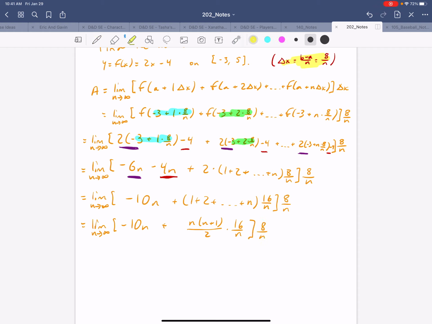This is the same as this. That's just an identity. You don't need to memorize that. I will always give that to you. And now you can do some simplification.